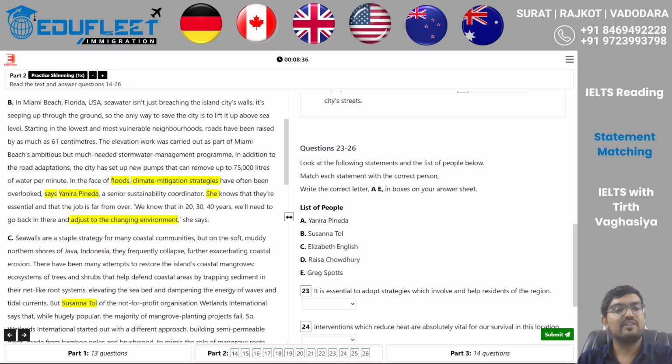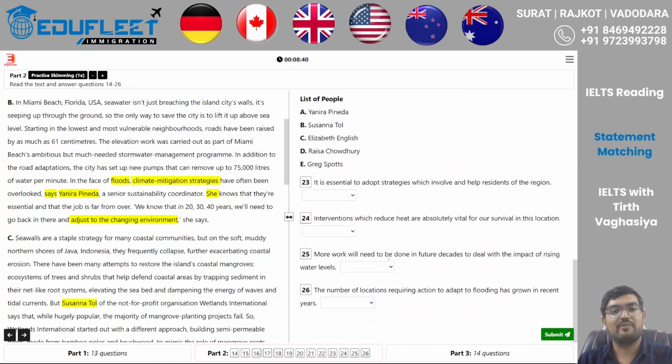Now, once we have this idea, you need to go back to the statements and try to identify. It is essential to adopt strategies which involve and help residents of the region. Okay, interventions which reduce heat and are absolutely vital for our survival in this location.